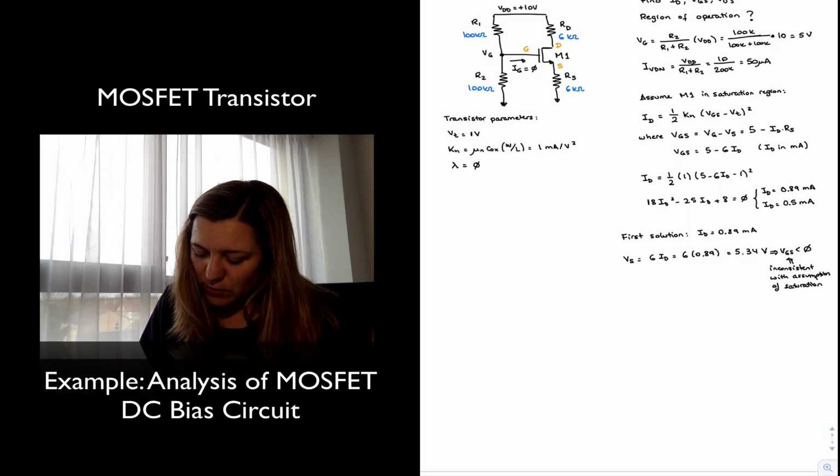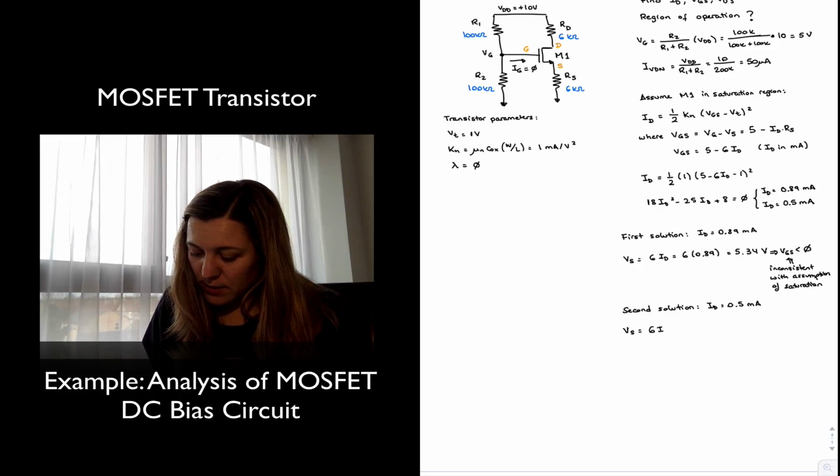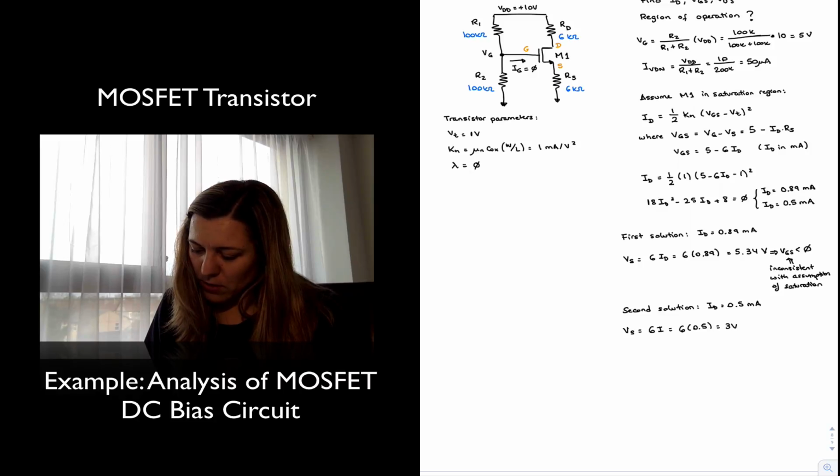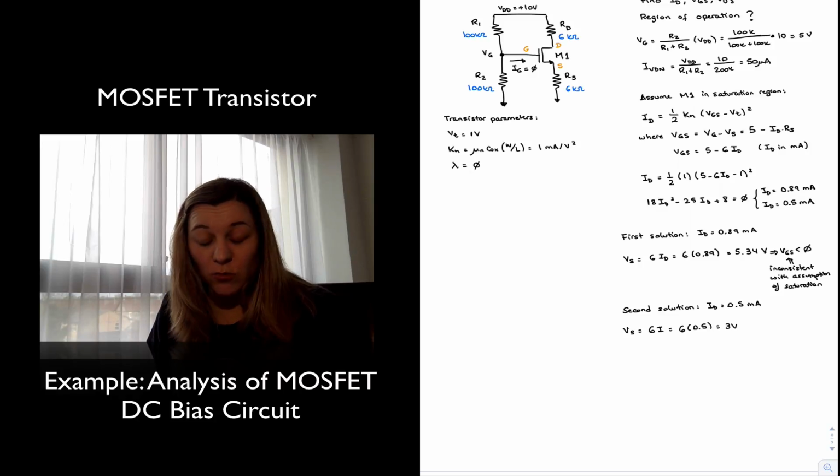So let's go ahead and evaluate the second solution. If ID equals 0.5 milliamps, in that case my VS will be 6 ID, or 6 times 0.5, which is 3 volts. And that one is consistent with my assumption.